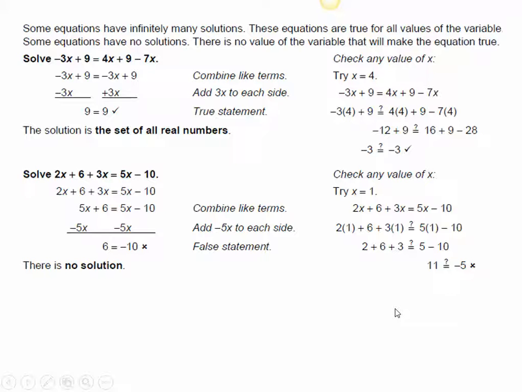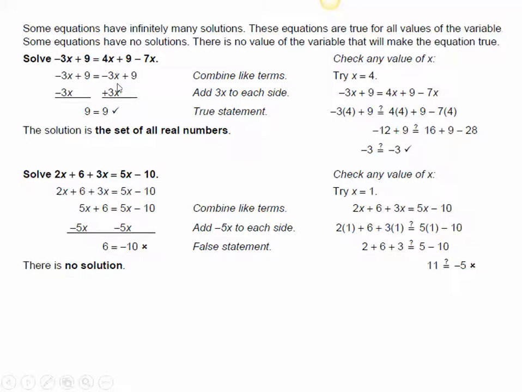Also, when you do problems, any kind of equations, you sometimes get a funny answer. Like in this example up here, there's no distributive property, so if we combine like terms on the right side, we get 4x minus 7x is negative 3x. So we have negative 3x plus 9 equals negative 3x plus 9. They're the exact same things on both sides of the equal sign.